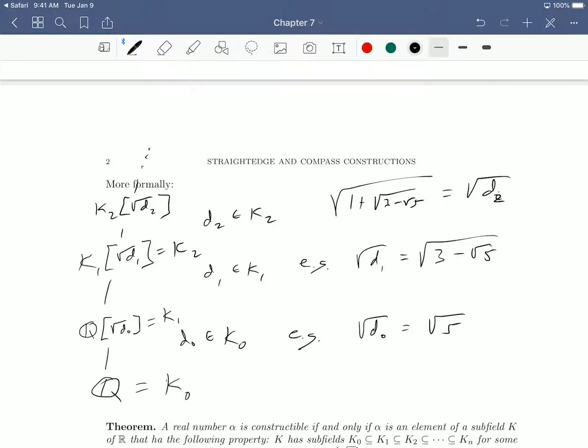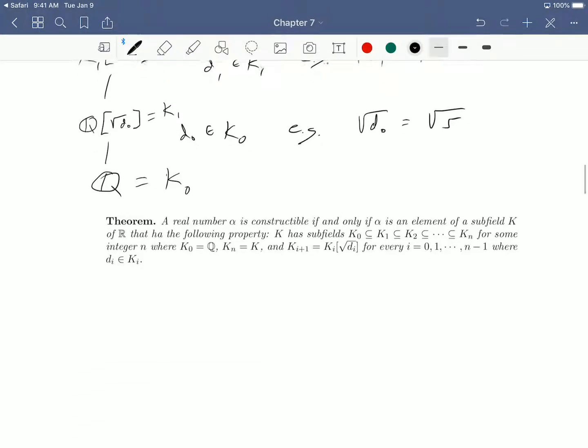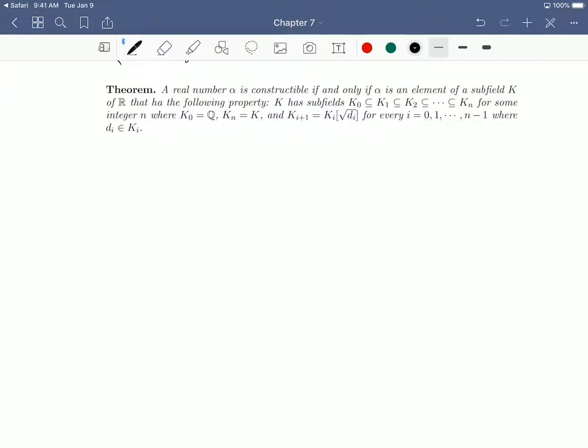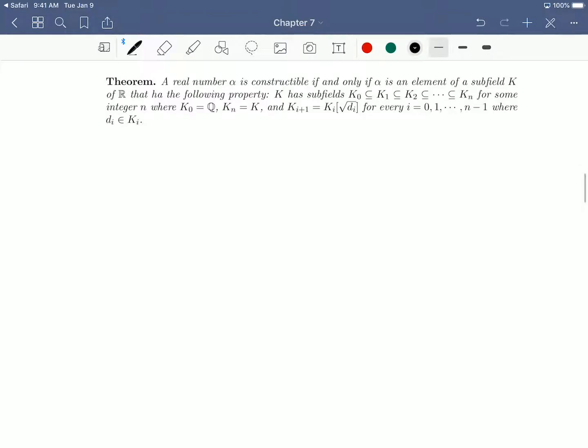All right, so this idea is that at each stage of a construction, the only new operation I can do that extends my field is with square roots. The way we write this down is this theorem. This notation gets a little heavy, but this is our sequence of fields like we saw up above. Kn is the same as K, our field of all constructible elements.